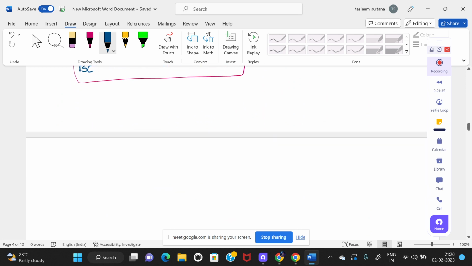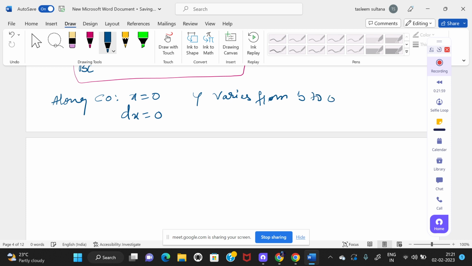Along C to O, x is equal to 0, dx is equal to 0, and y varies from B to 0.